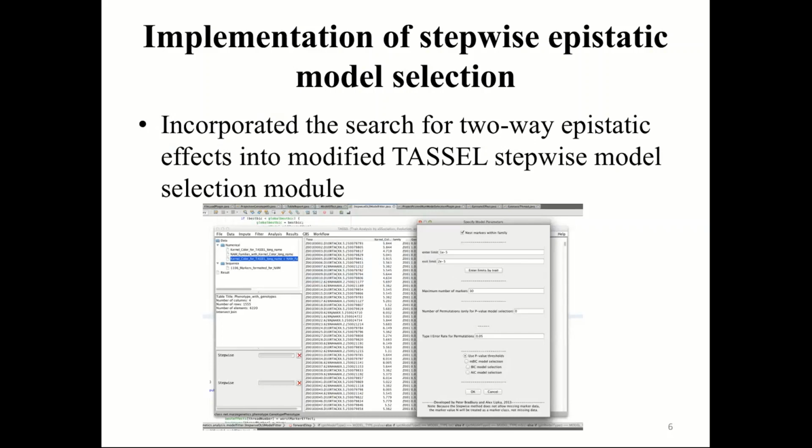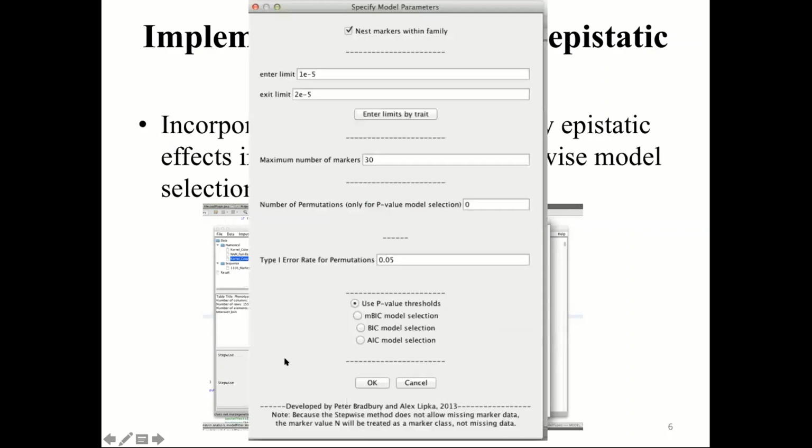And basically, while I was a postdoc, I helped implement a stepwise model selection, SPAMEL, just for additive terms only, into the Tassel GUI. So I leveraged this, and I added some bells and whistles to the code so we could also do stepwise model selection for pairs of epistatically interacting loci.